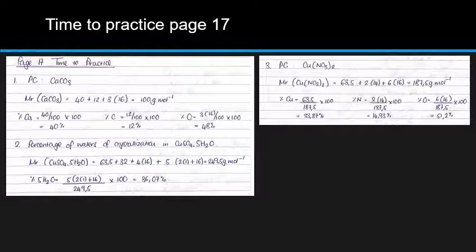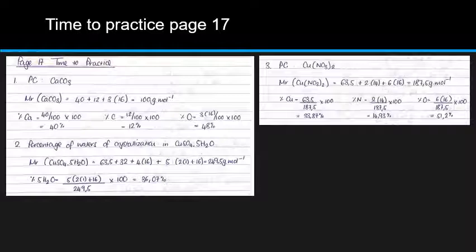The first thing I've done is look at the molecular mass, which is equal to 100 grams per mole. And then from that, I've used that molecular mass with the molar mass of each element. For calcium, you should get 40%, carbon 12%, and oxygen 48%.